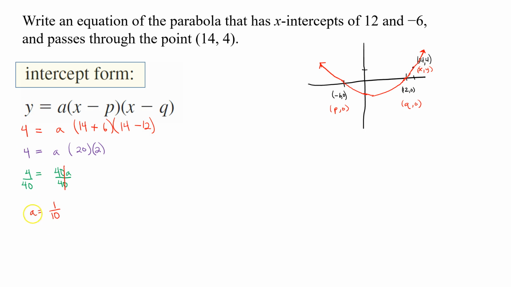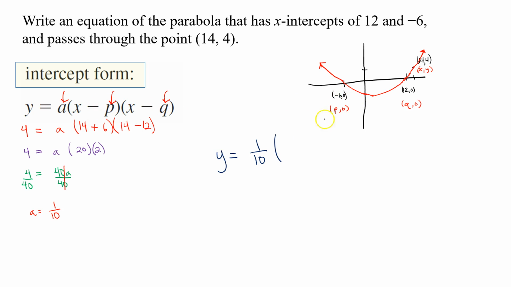So once we know what a is, we can plug back in for a, p, and q, and we can get the equation for this parabola. So we're going to plug in our a, our p, and our q, and we get y equals 1/10 times x minus p.